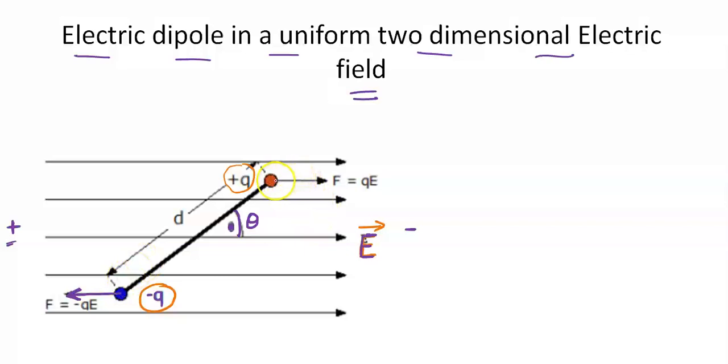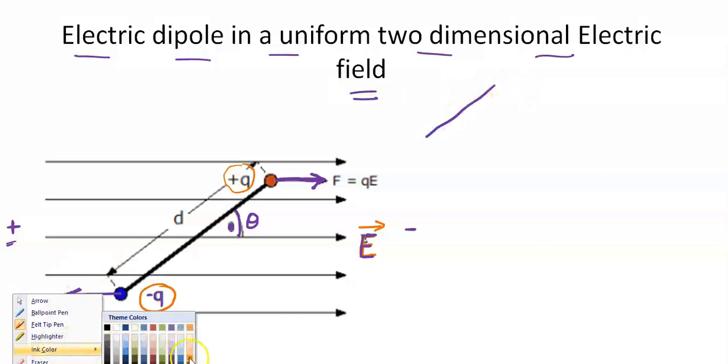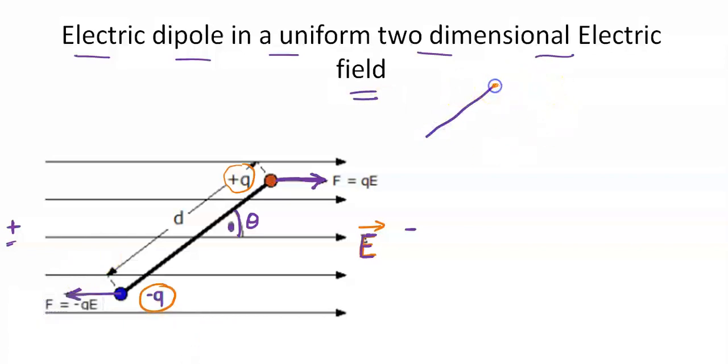Similarly, there will be a force acting here on this positive charge, and that will be acting towards the negative charge. Now you see that this is the dipole, and one force over the dipole is acting in this direction, and another force over the dipole is acting in this direction.